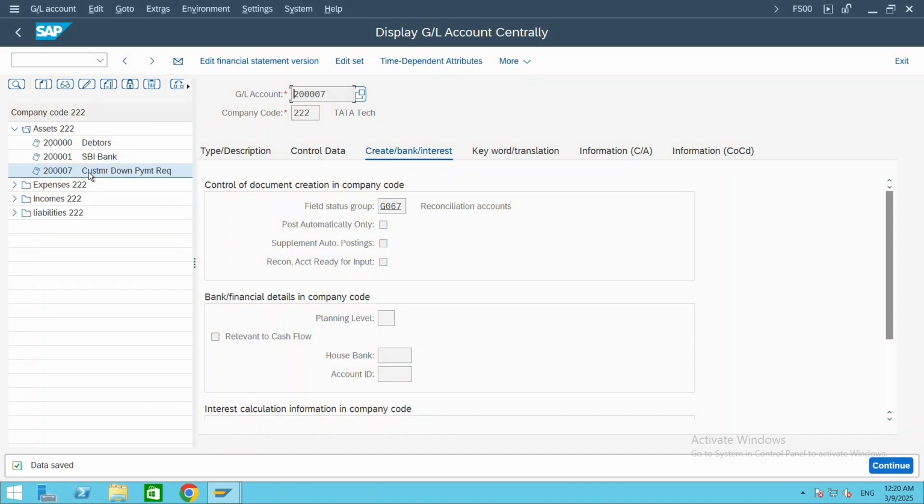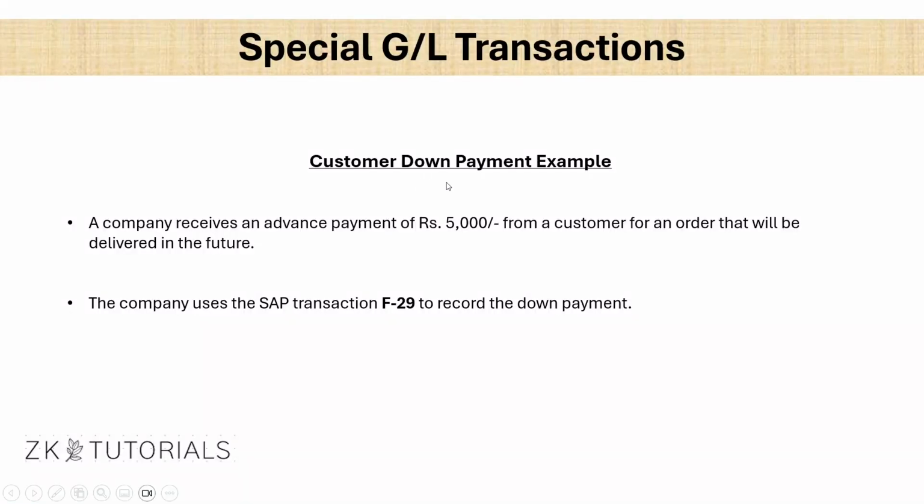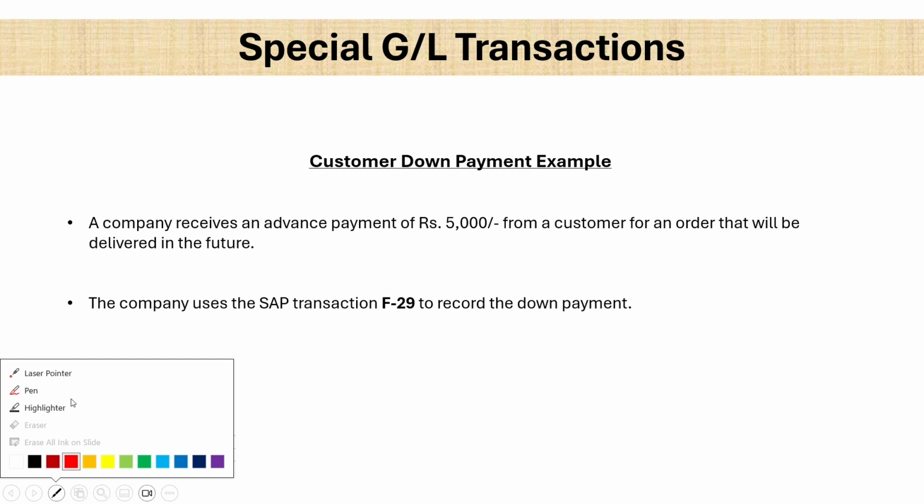Now we need to create another GL account, customer down payment received. The previous one is only the request, meaning we are requesting the customer to pay this amount. For example, in our example, we have asked him for 5,000 rupees.